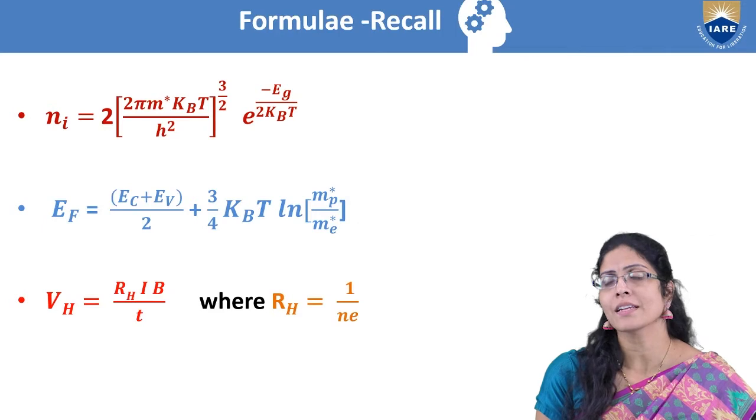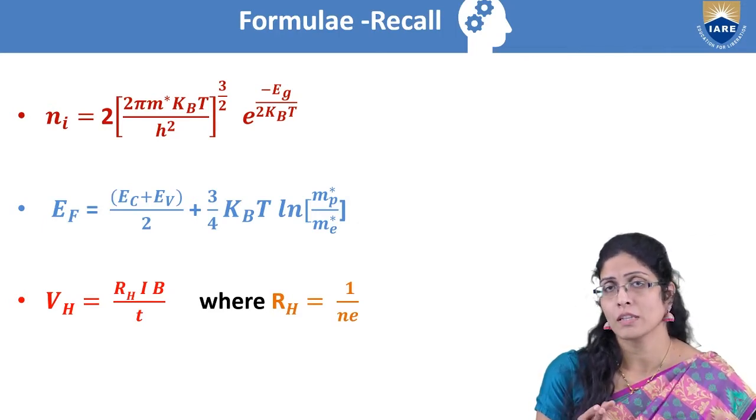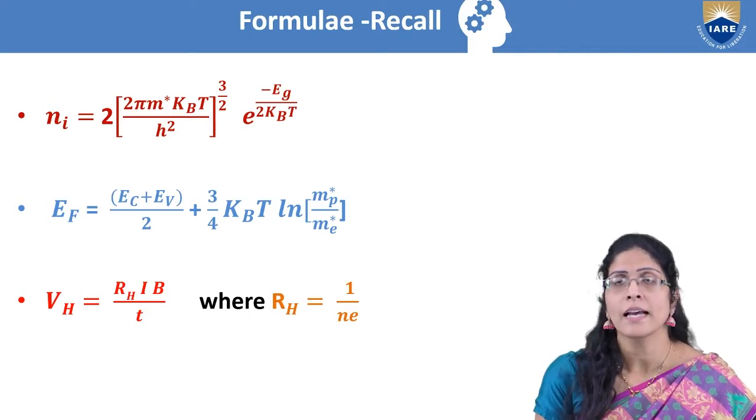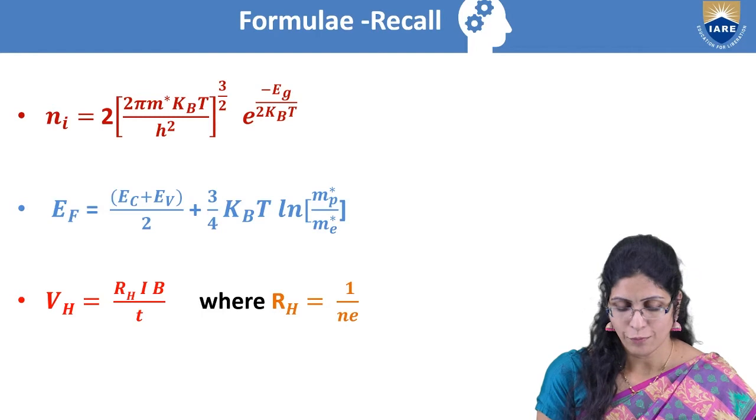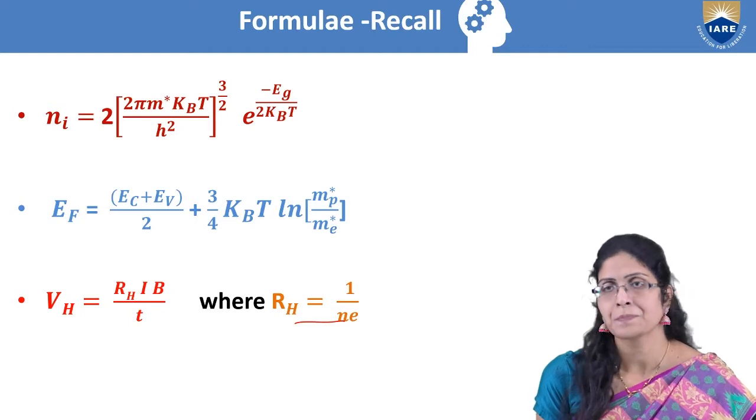If you are asked the number or density of the charge carriers, which are the electrons or the holes, then you can use the formula RH is equal to 1 by Ne, where RH is the Hall coefficient.